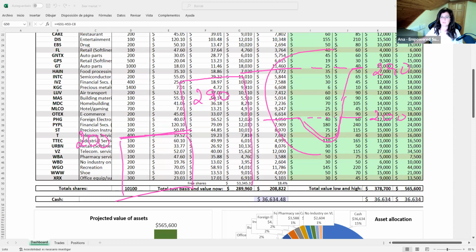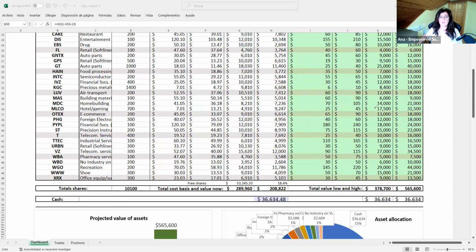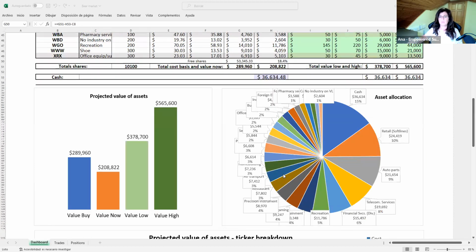There is a graph like this in the book that you can look at. Those shares that we bought for 290, where will they be in the future if we don't do anything with them, just buy and hold? Well, they will be trading between 378 and over 500,000.